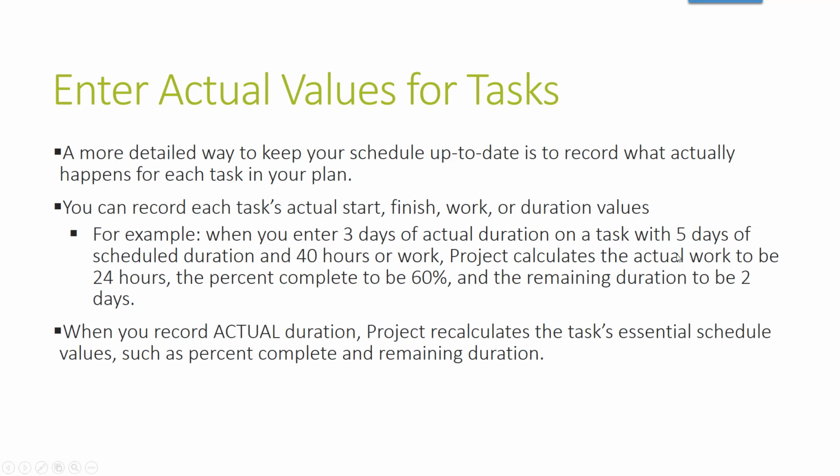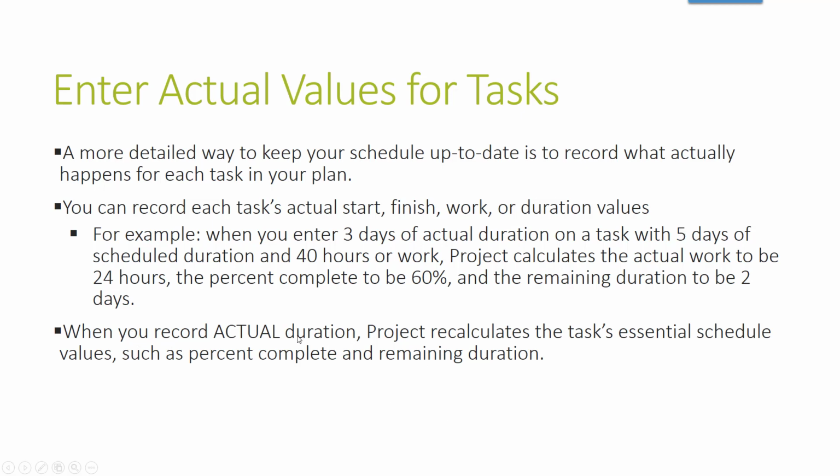So we have 5 days at 40 hours. We've worked 3 days on it, so what does that really mean? Well, that means you're 60% done, 3/5. That means out of 40 hours, you've worked 24, and we have 2 days left to work, which would be 2/5, right?